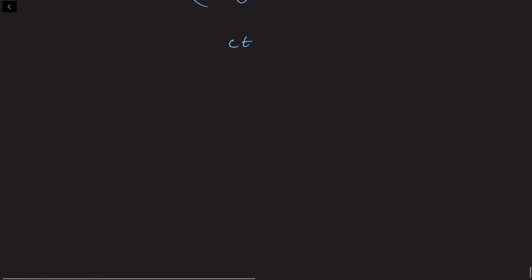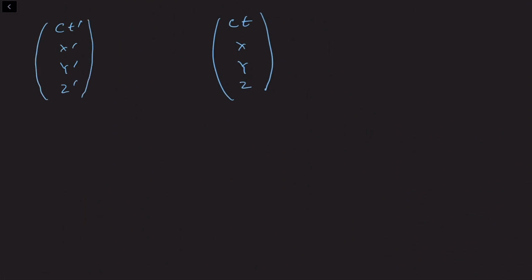That is, how ct, x, y, z, as seen by one observer, would be related to ct prime, x prime, y prime, z prime, as seen by another observer. And we said that if the observer S prime is related to the observer in frame S by a boost along the x-axis, that is, you think of S prime as moving along the x-axis at a speed v relative to the frame S, then the correct transformation to use is to put in that matrix lambda over here.